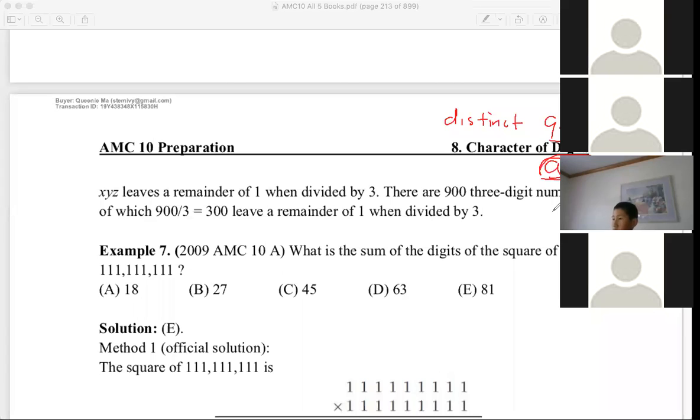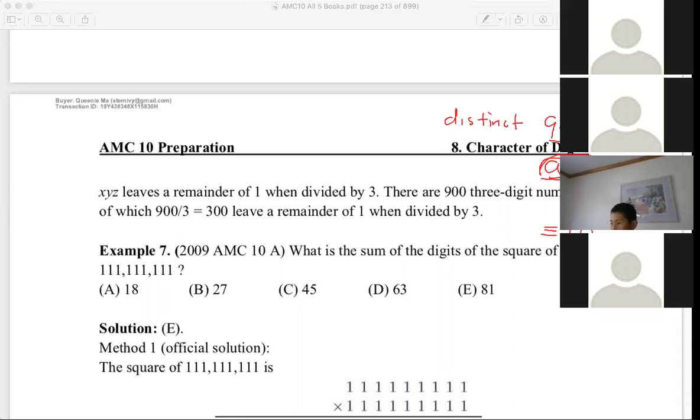But only the remainder equals 1. Only it's 1/3 of that, right? Because when a number is divided by 3, the remainder has 3 choices, either 0 or 1 or 2. Now here we require the remainder is 1.